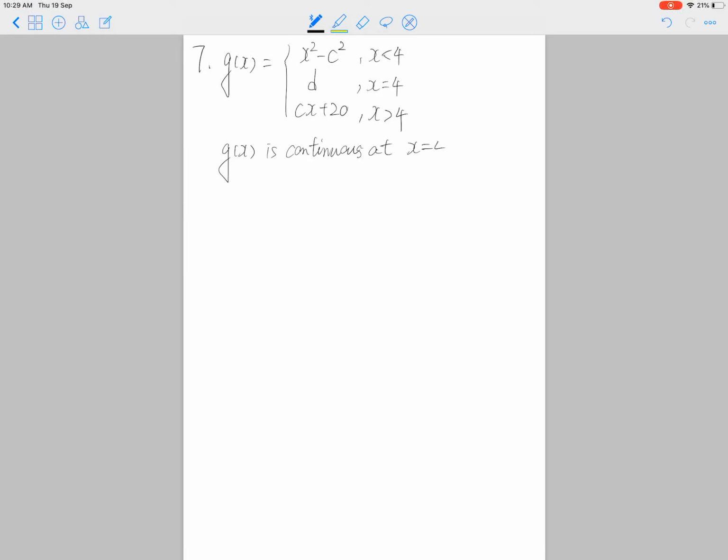Right. What does that mean? That means your g(4)... f(x) is continuous at a point a. That means g(a) should equal the limit as x approaches a of g(x).